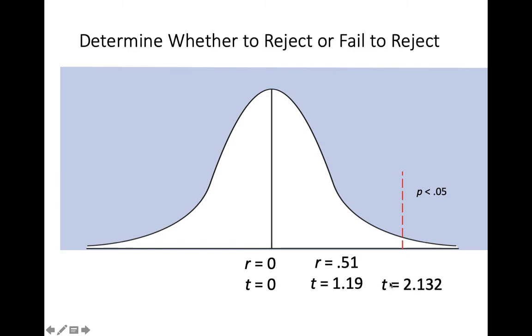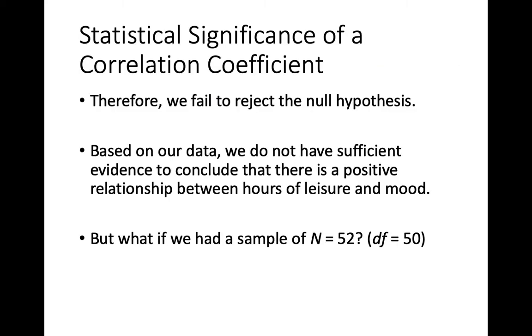That is, whatever correlation we would need needs to be 2.132 standard errors away from the mean of 0, because those correlations happen less than 5% of the time if the null is true. So what we're getting here is a result that we can say happens more than 5% of the time if the null is true. Okay, so we are going to fail to reject the null hypothesis.